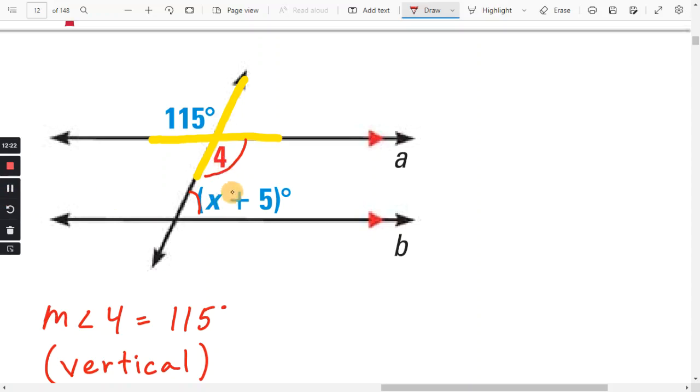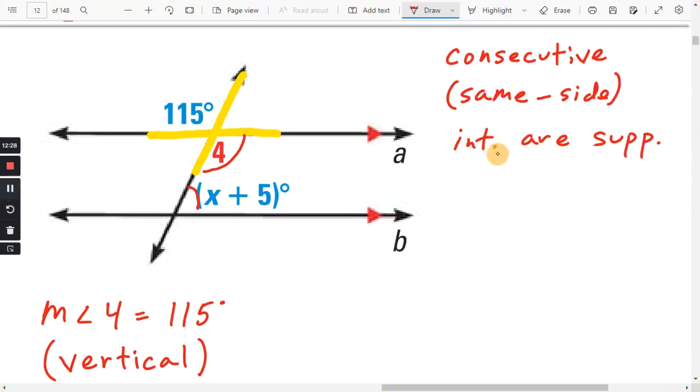So please add these two and set them equal to 180 and solve for X. All right, consecutive or same side interior are supplementary. All right, we said that angle 4 was basically just 115 degrees. So I'm going to add these two and set them equal to 180. All right, I'll do that on the bottom here.